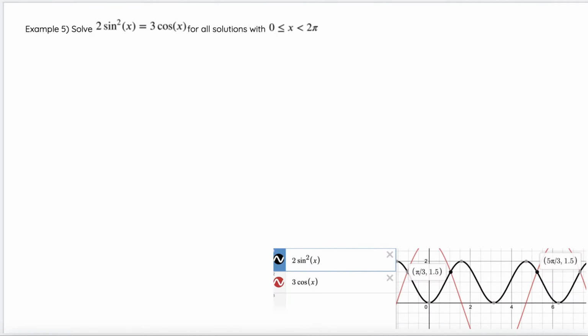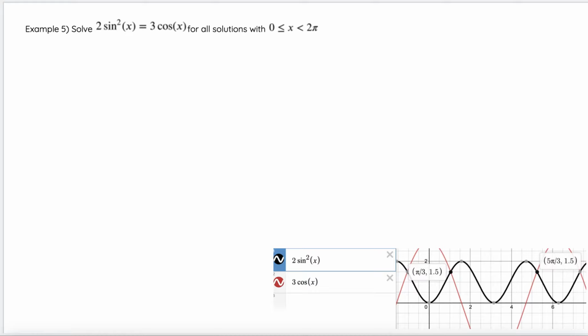All right, slide 5, example 5. Let's try another example where we turn a sine squared into cosine using a Pythagorean identity, still between 0 inclusive and 2 pi excluded.